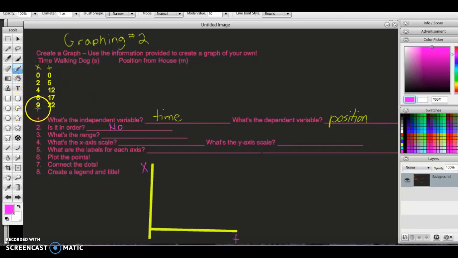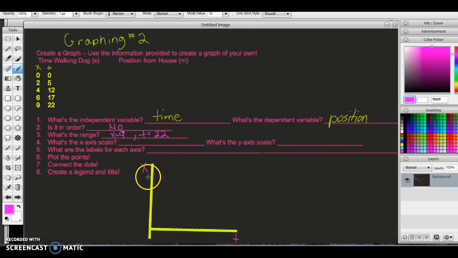All right, what is the range for both the x and t axis? So the range is the largest number subtracted by the smallest number. So the largest number for the x axis is going to be 9 minus 0, so that's going to be 9 for the x axis. And then the highest number for time is going to be 22. The lowest number for time is 0. So the range is going to be 22.